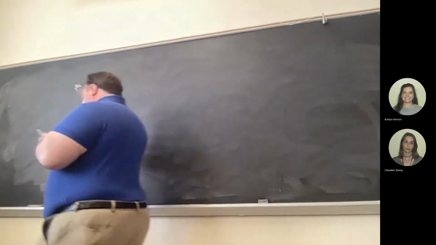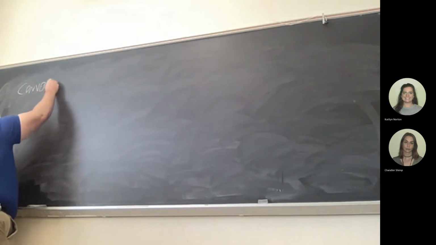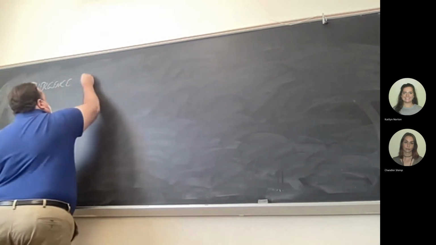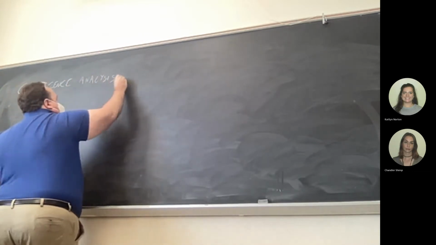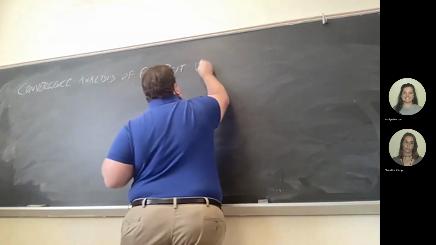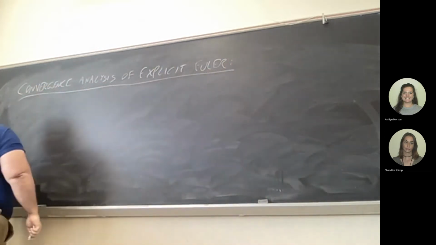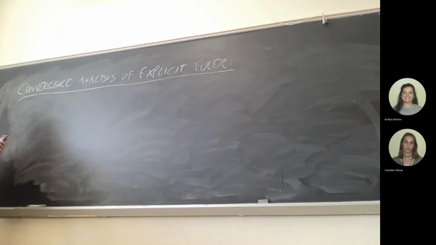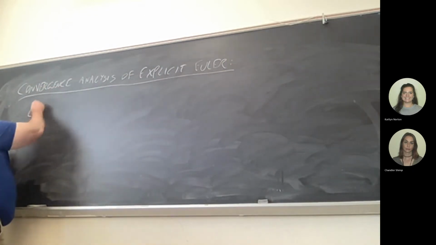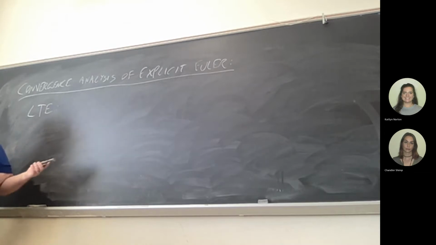All right. Let's take a look at convergence analysis. So local truncation error is defined in a way analogous to how it's defined for time-independent problems like Poisson's equation or boundary value problems.